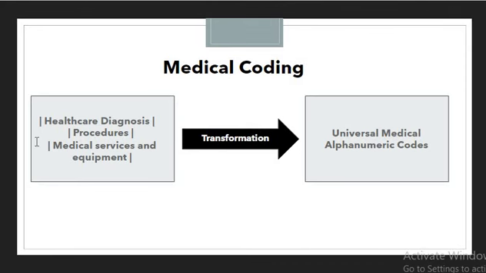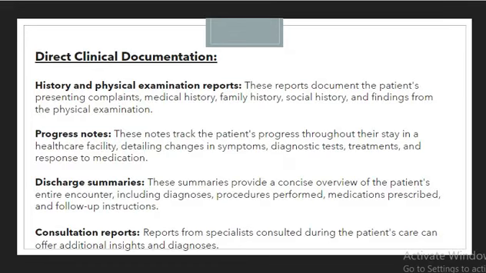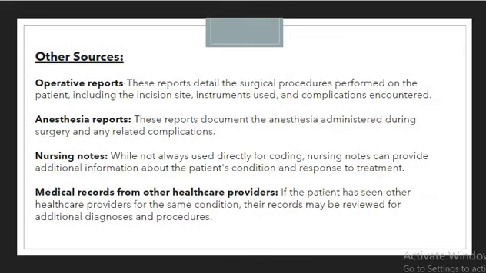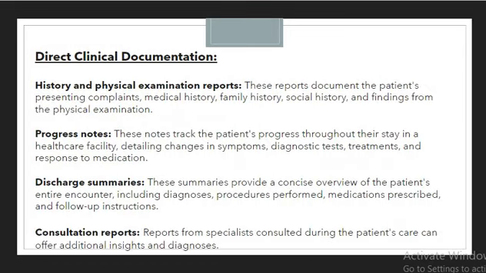Whenever we are converting or transforming healthcare diagnosis, procedure, medical service and equipment into universal medical alphanumeric codes, this entire process is known as medical coding. And there are multiple sources which we can use as medical documentation, which come under three categories: direct clinical documentation, diagnostic studies, and other sources.